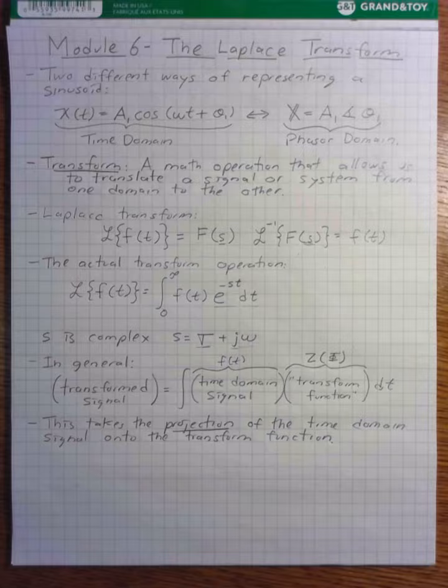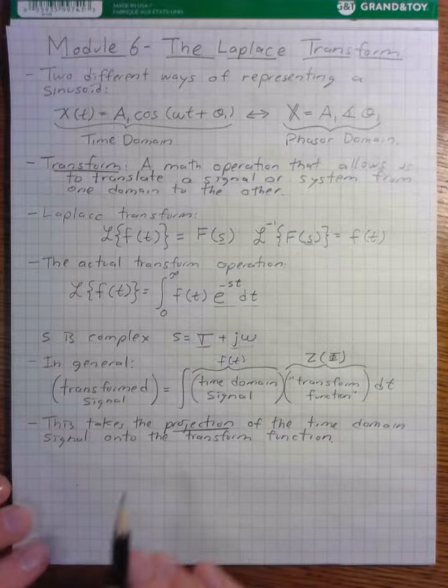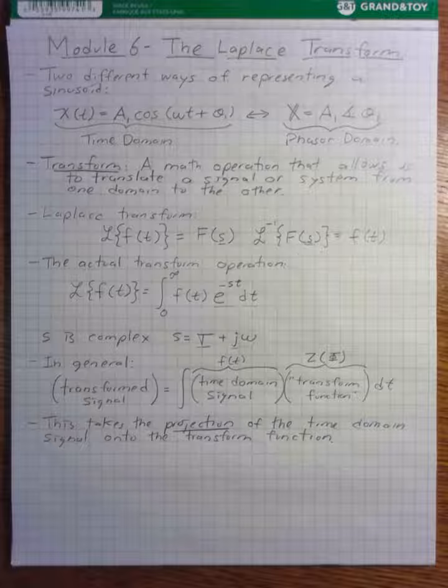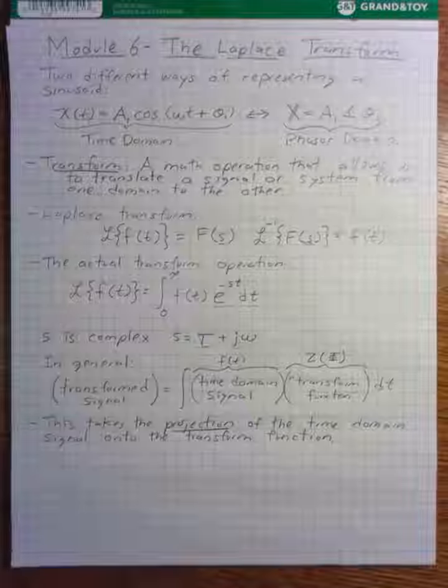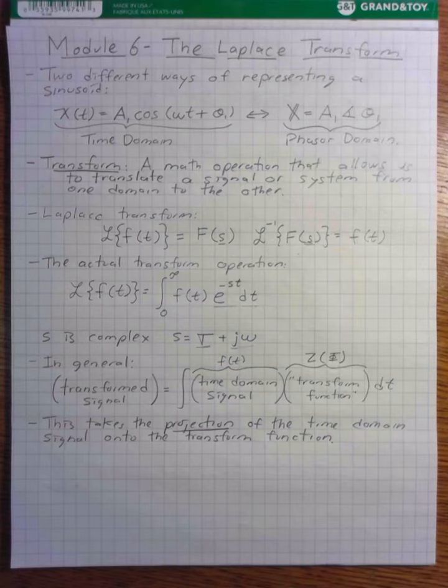A projection is basically a way to characterize how mathematically similar two functions are. So if you multiply f of t by z of phi, and if they're, let's say, quote unquote, similar to each other, then the value of this integral is going to be large. If they're very similar, they tend to overlap, they have the same shape, and when you integrate them, you get something fairly large.